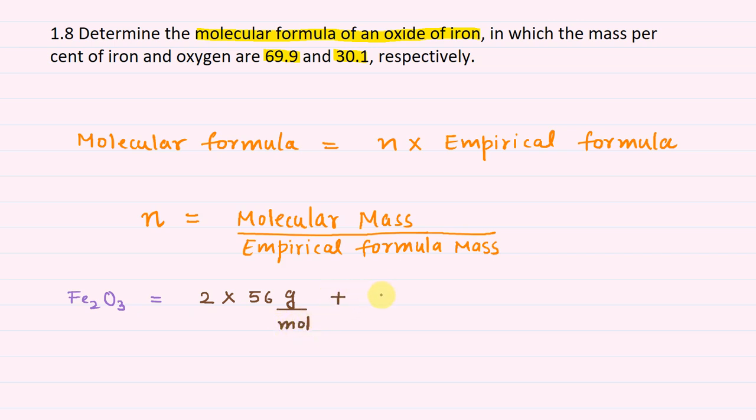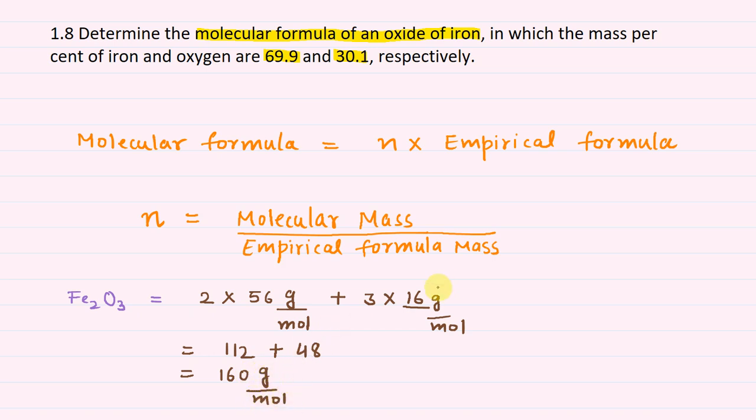Plus we are having 3 oxygen atoms, and each oxygen atom is having the mass 16 grams per mole. Okay, let's simplify it. 56 into 2 is 112 plus 3 into 16 is 48. On solving this, we are getting the empirical formula mass equals 160 grams per mole.